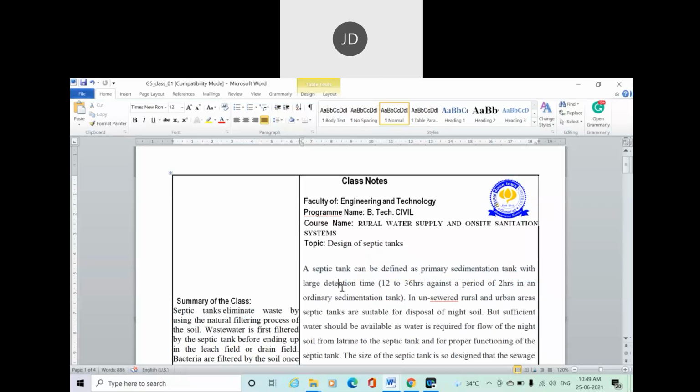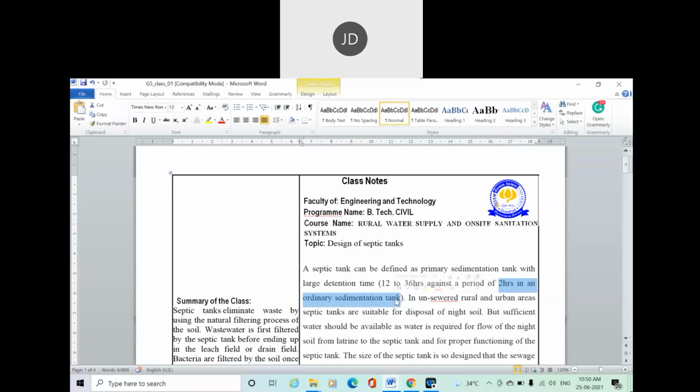A septic tank has a larger detention time. That means waste may be stored in a septic tank for a longer time, which ranges from 12 to 36 hours, compared to 2 hours in an ordinary sedimentation tank. In an ordinary sedimentation tank in a water treatment plant, the water stays for say 2 hours, and after that it goes out of the tank.